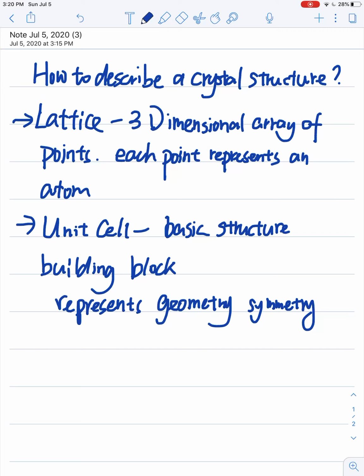Okay, the third concept we're going to talk about is called atomic packing factor, aka APF. It is a very important concept to determine how efficiently all the atoms are packed together in space.